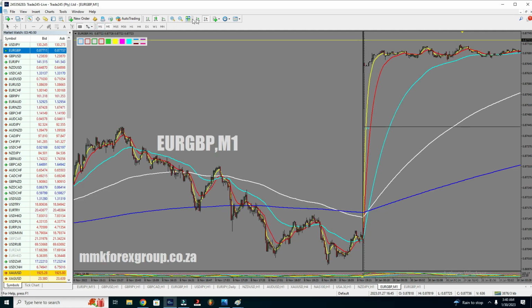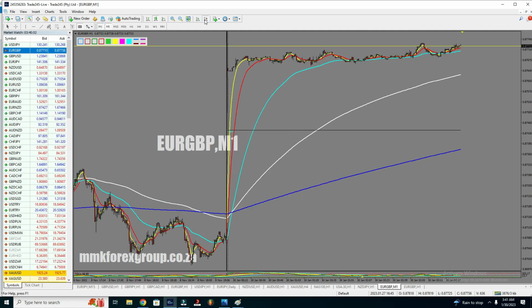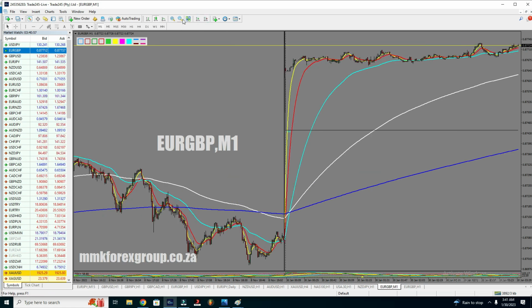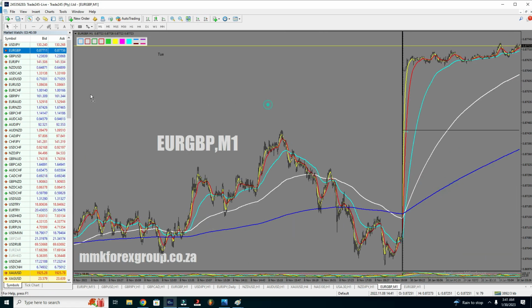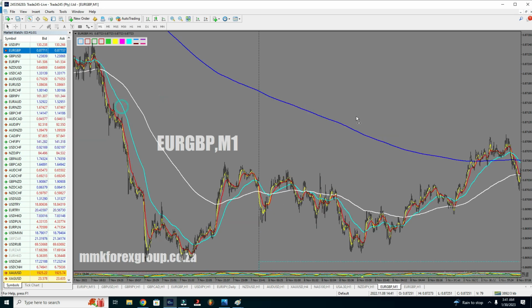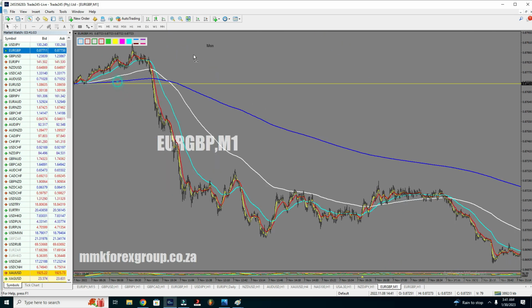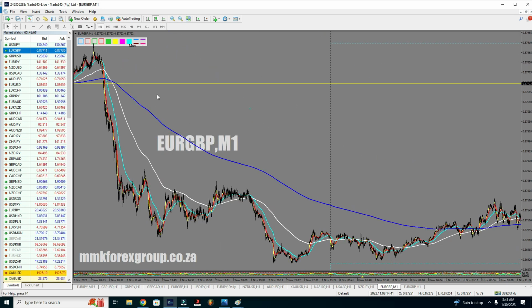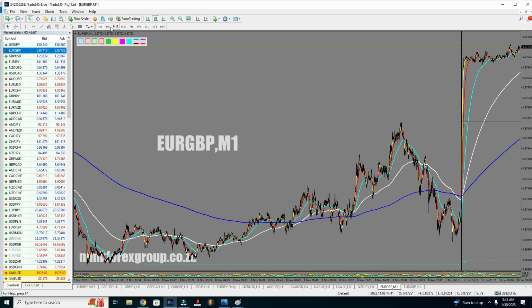If we look at this from the M1 time frame, let's see if this allows us to look at this from the M1 time frame. Okay, let me just look for that. I don't know if this will allow us to check what happened.